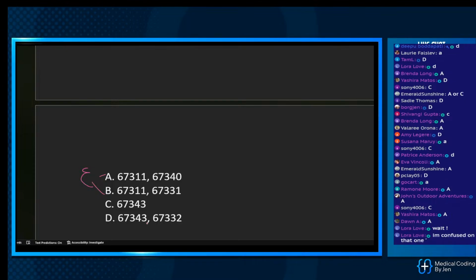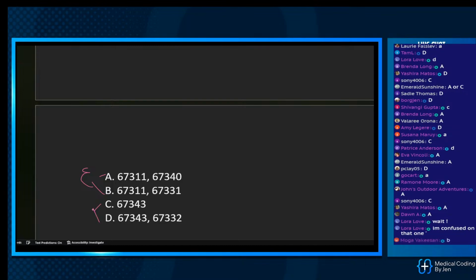The 43 is under a strap surgery with adjustable sutures. And then .43 is a release of scar. We're just doing a release.